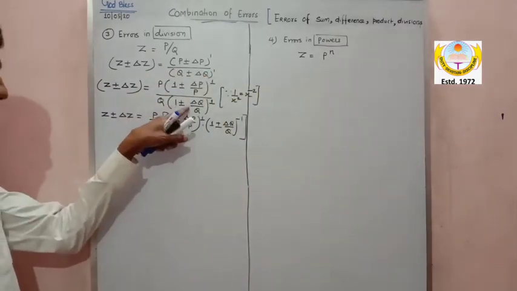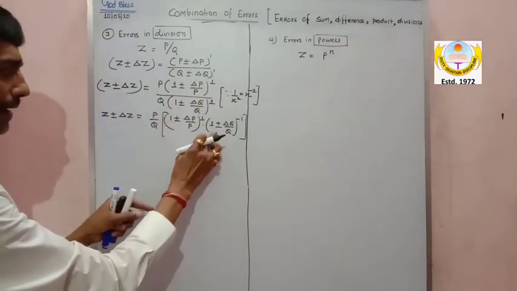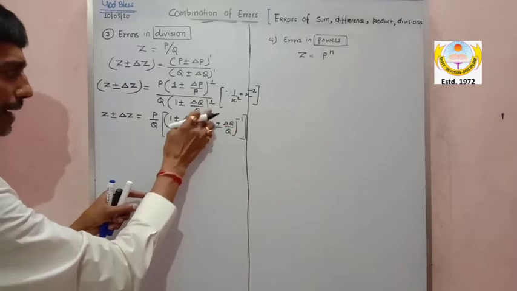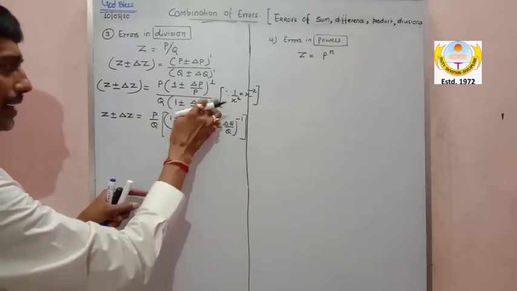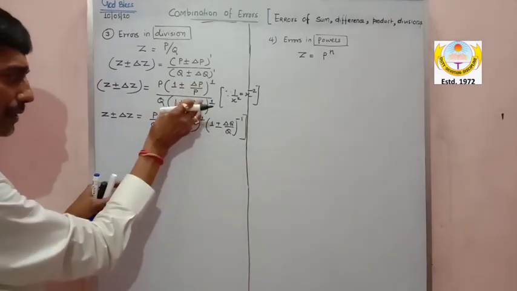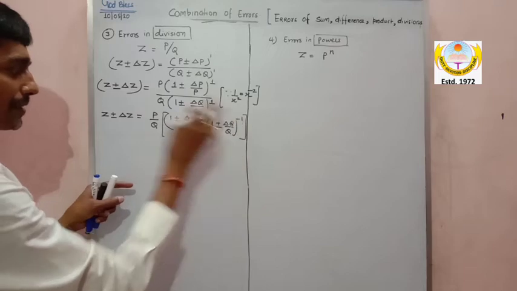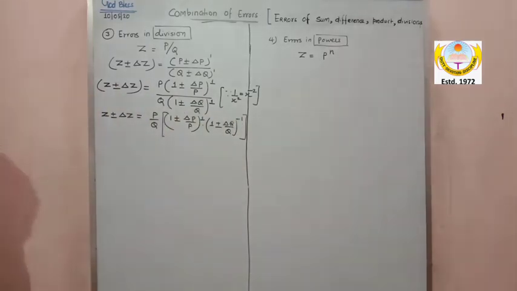So 1 plus minus delta q by q, I take it into the numerator, and it will be written as 1 plus minus delta q by q whole power minus 1, because the power becomes minus. I hope this step is clear. Now look at the next step.